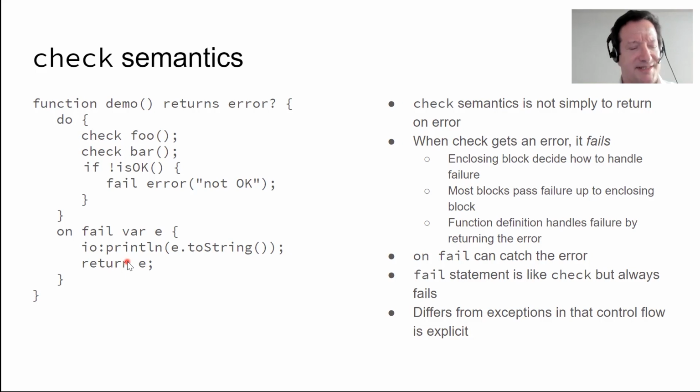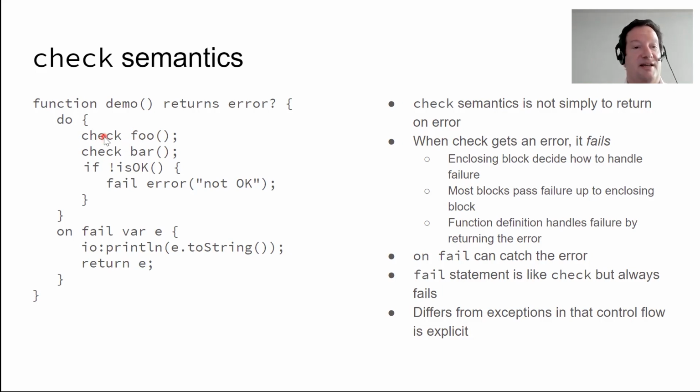Now you might say, oh, this smells an awful lot like exception handling. Isn't this really exception handling? Well, no, it's not, because why this is fundamentally different from exception handling is that the control flow is explicit.